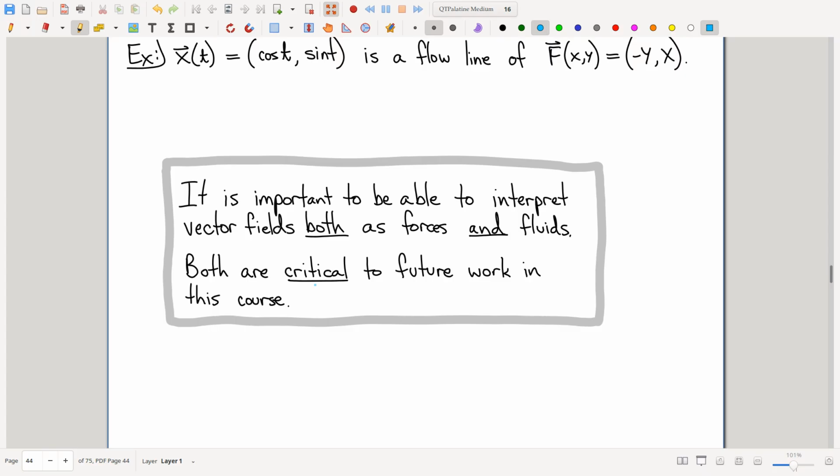And there are other very important physics applications and interpretations that we're going to need to be able to make that really pretty much only make sense if you're thinking of the vector field in terms of fluids. Then you need both of these applications in your mind. You need to be able to think of vector fields in both senses for this course. So don't make a choice, tempting though it may be, right? I don't like that fluid business. I want to think in terms of forces. Yeah, that's a losing strategy. It's not going to work.